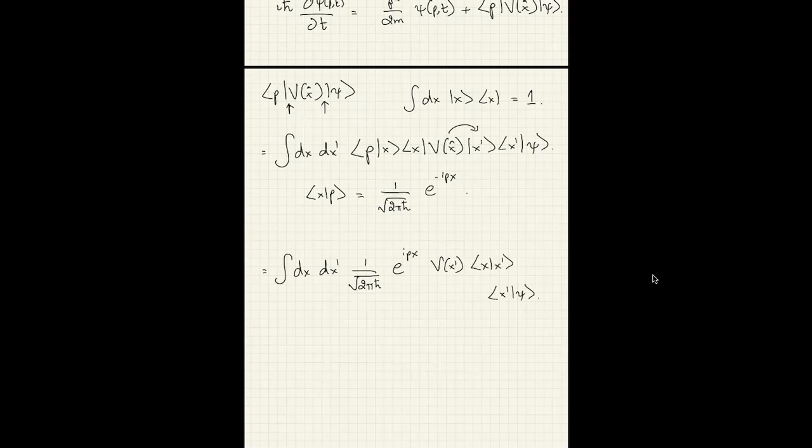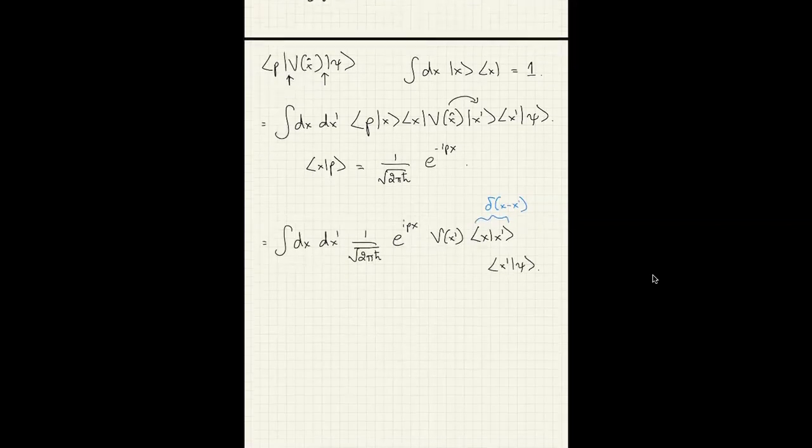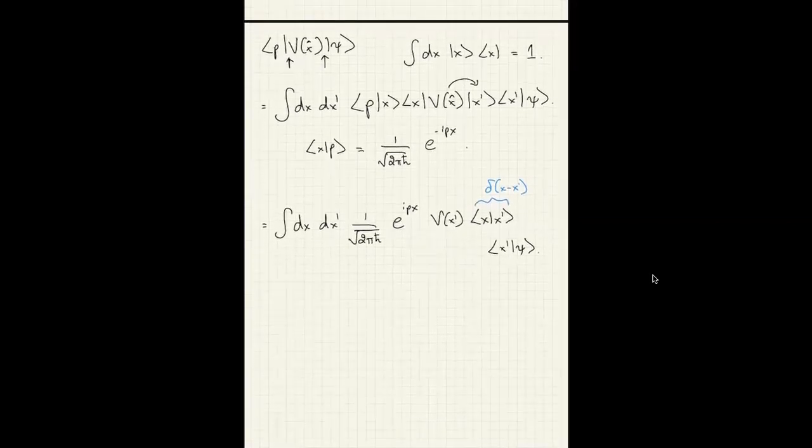Because when V of x acts on |x prime>, the corresponding function V of x prime can be pulled out, and the overlap <x|x prime> is nothing but a delta function in x. So there are two integrations over x and x prime, but I can use this delta function to make this into integration over just one variable.